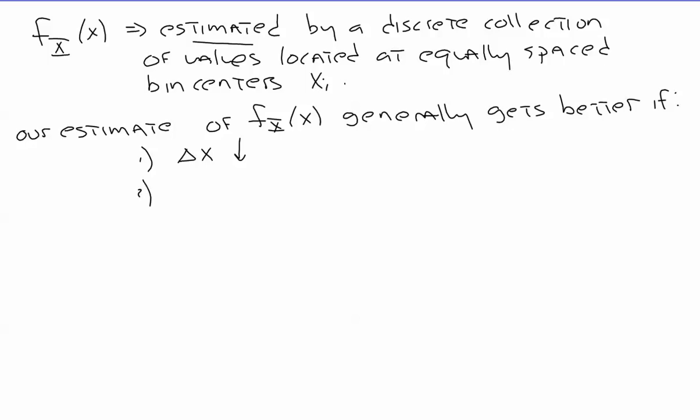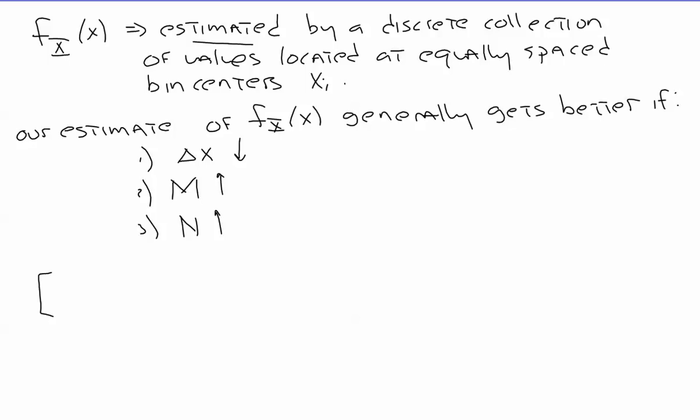It generally gets better if we have a larger number of bins. And the more data points, the more values of my random variable x that we have to play with, the better our estimations get. All right?